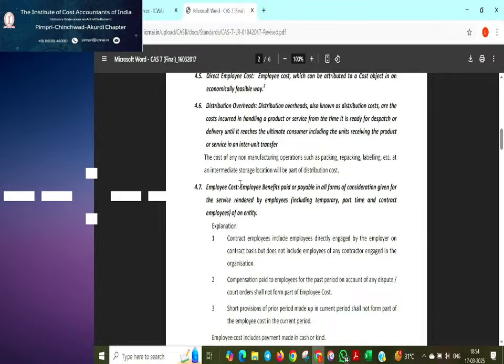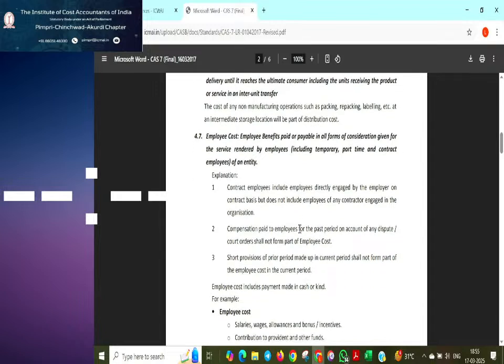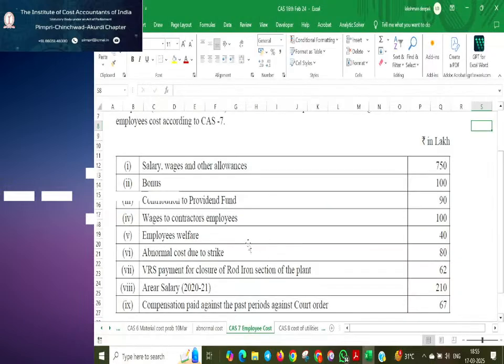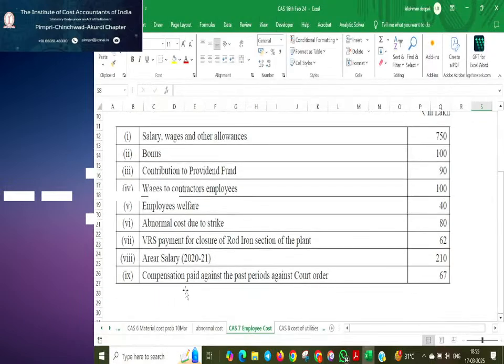Yeah, fine, Anu. So that is why you should be careful about it. Contract employees, you always get confused with that. And compensation paid to employees for the past period on account of any dispute or court orders shall not form part of employee cost. Compensation paid against the past period and against court order will just be excluded.